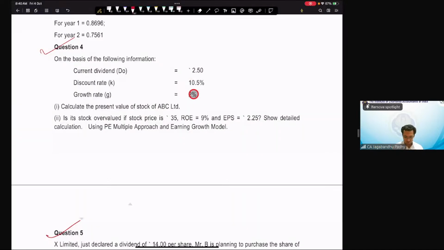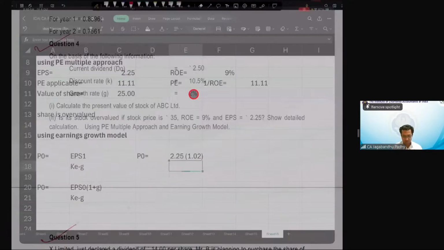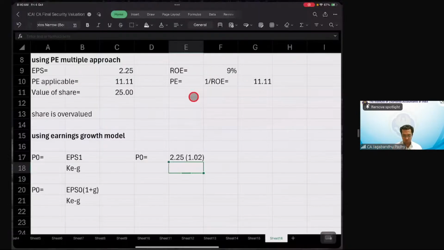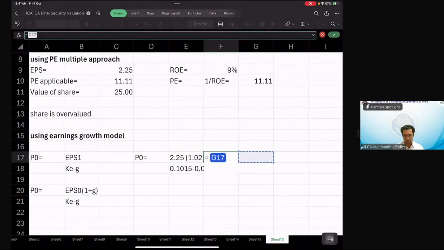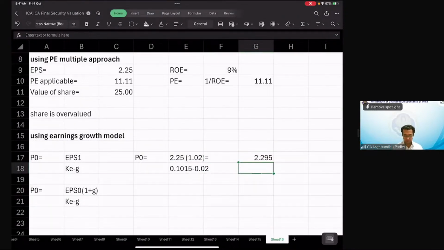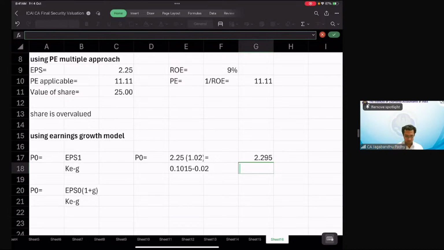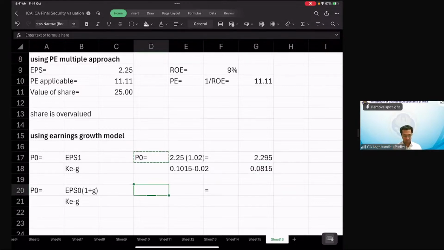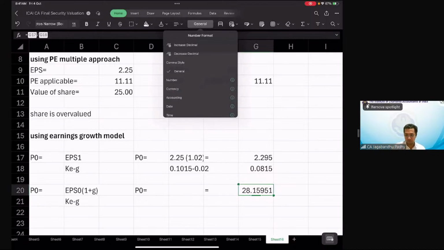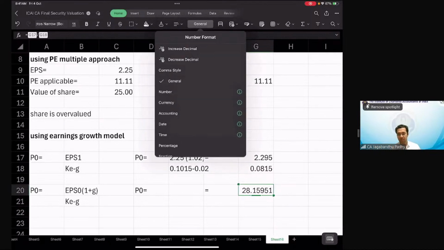Cost of equity is 0.105 minus 0.02. This works out to be 2.25 minus 0.02. P0 is 28.16, correct?